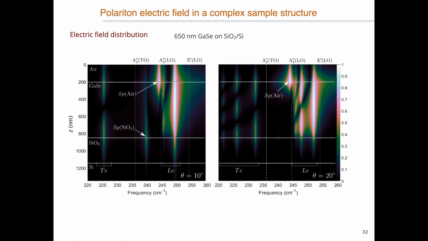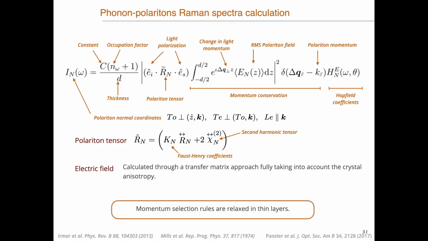Yeah, but I would need to think a bit more about it. My first intuition is that this is captured in the equation that I presented, because in the equation we calculate here, this particular term takes into account the perpendicular wave vector, the polaritonic field.